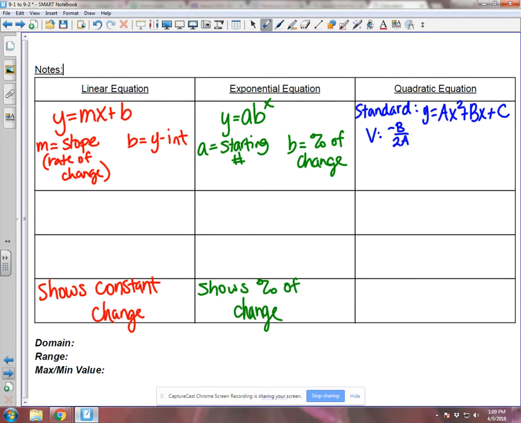To find the y coordinate, then you'll plug in that x value to get the y value. And then the easier of the two was vertex form. That just had a few more variables in it, if you remember. Does anybody remember vertex form? No. Well, you guys are going to need to know this for your test on Friday.